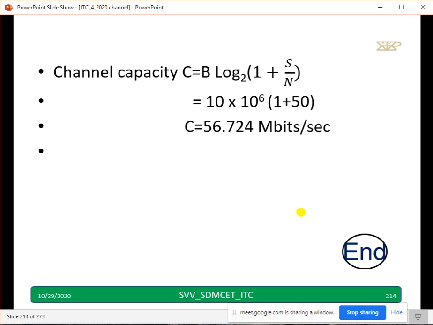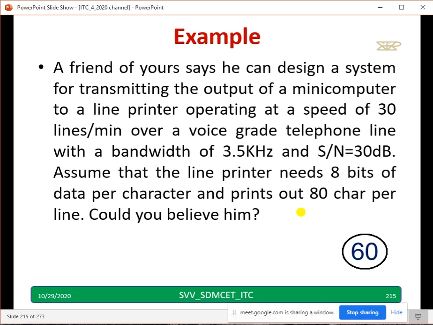Shahasan got 56.72, but it's in megabits per second. Just check it, because you are typing only the number, all of you. So let me go to the next. Amrita Malgi, okay, 56.72.